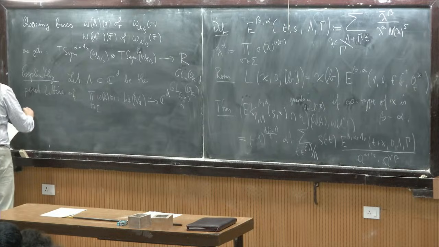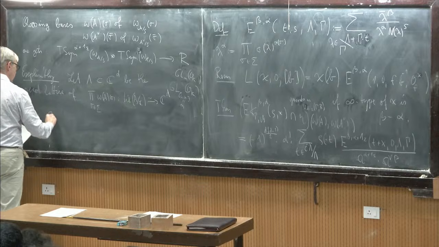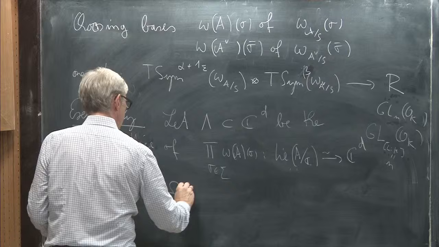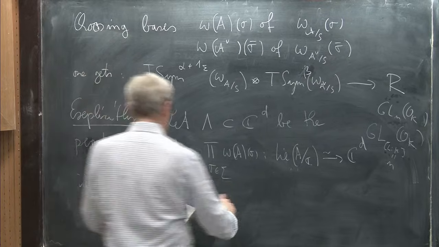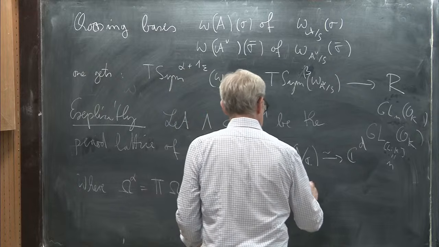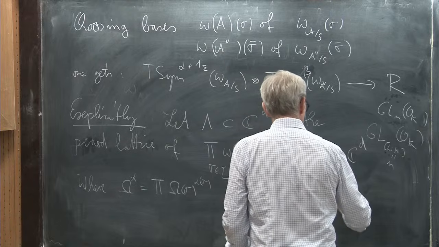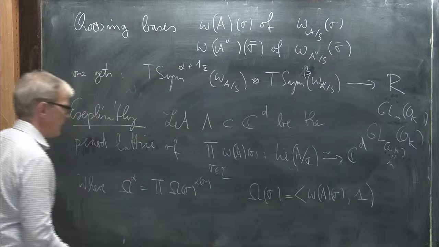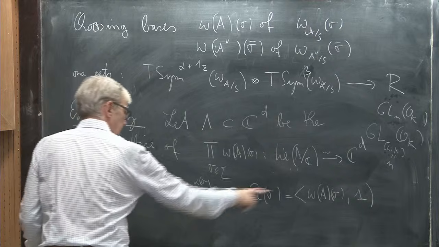So where omega alpha is the product over omega sigma alpha sigma. And I have to say what omega sigma is. Omega sigma is just the period pairing applied to 1 in this basis, so the element 1 in OL.